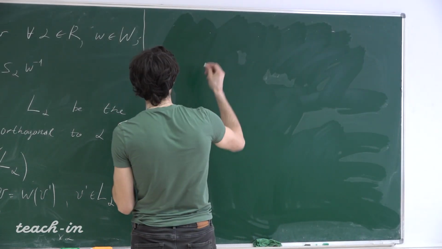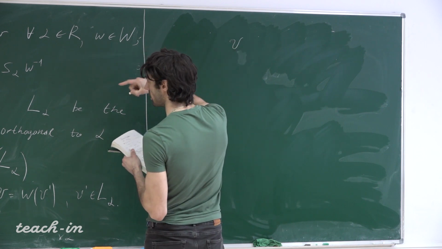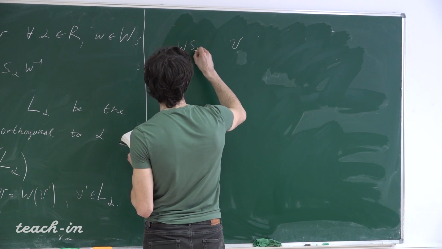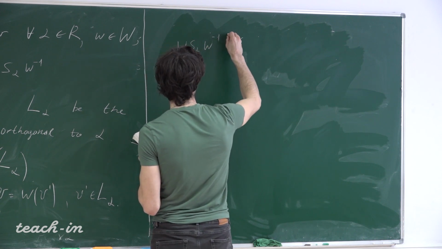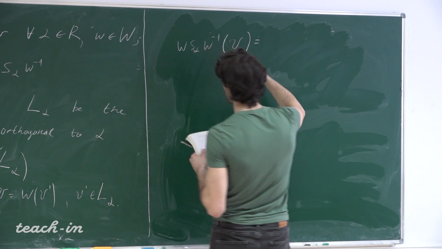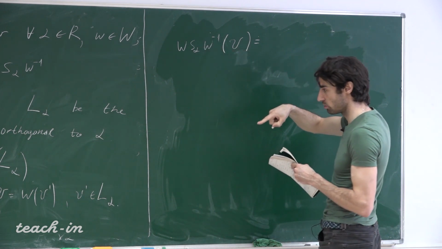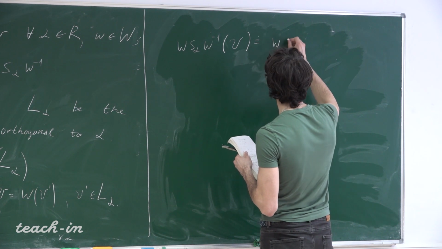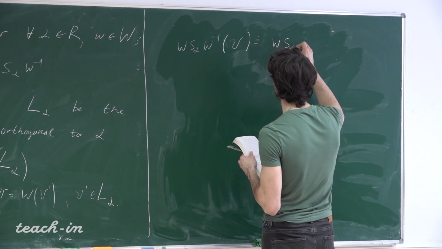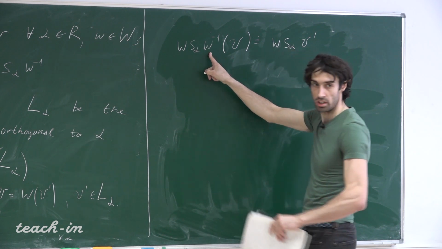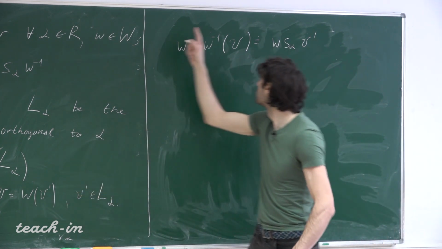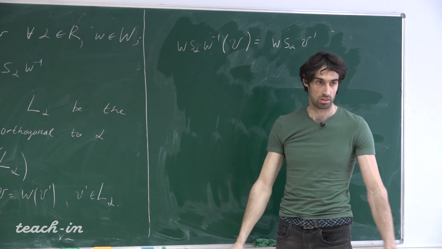So let me take V and apply the right-hand side to V. So I have W S alpha W inverse. V is W V prime, right? So therefore this is W S alpha and then V prime, because this W and this W inverse just cancel each other.